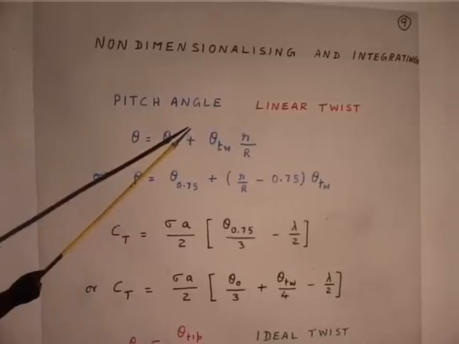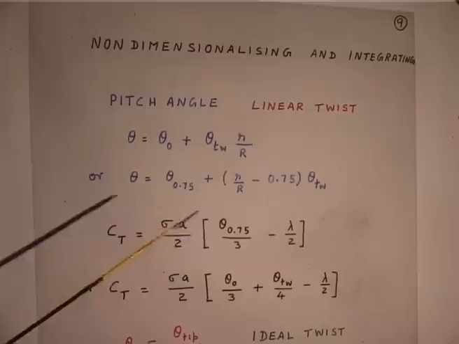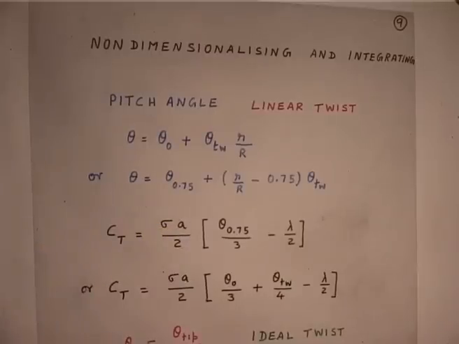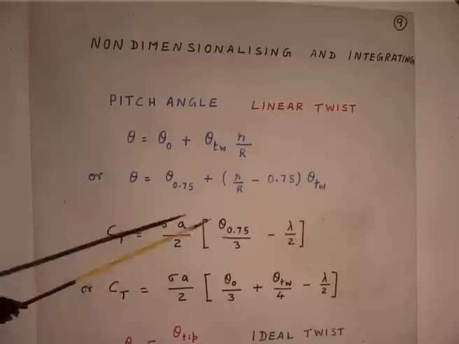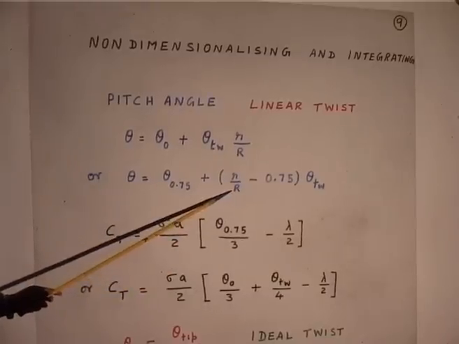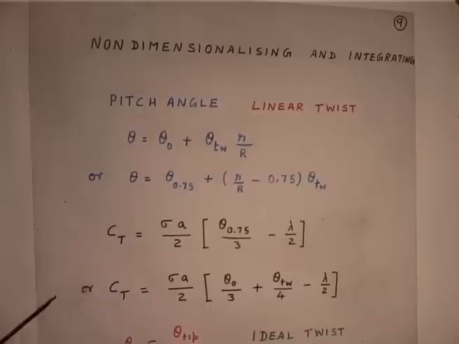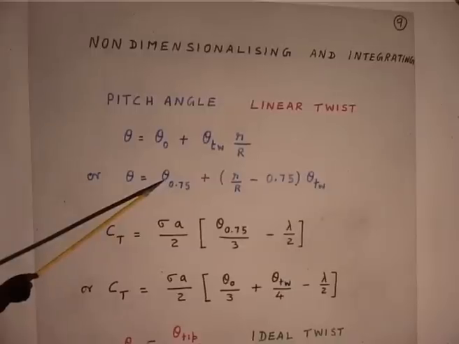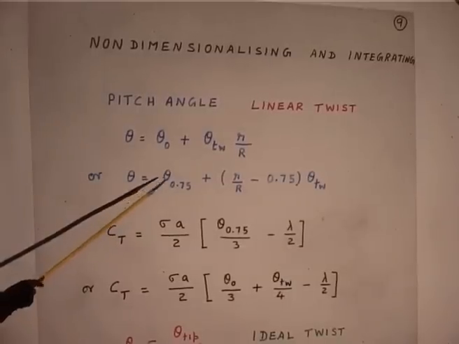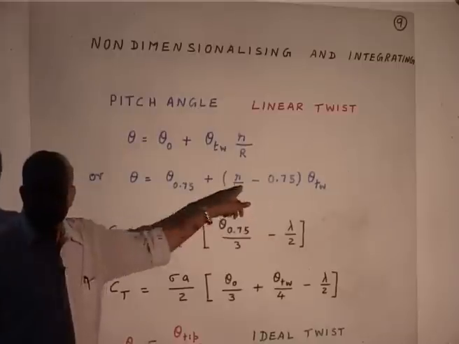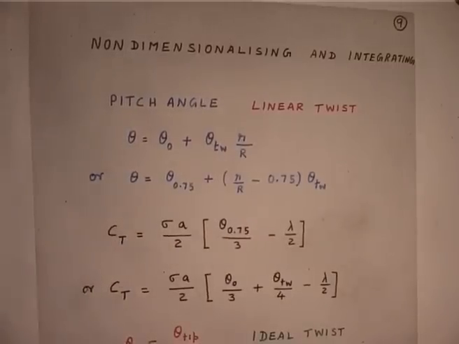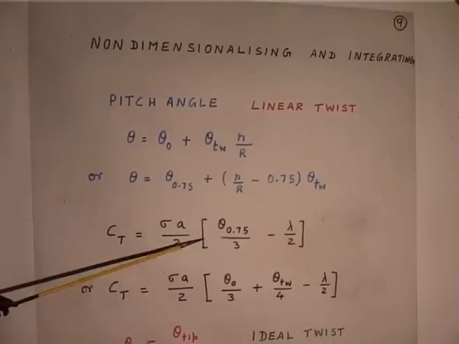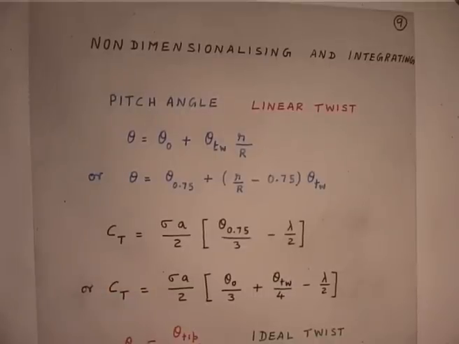This can be written in terms of the angle at 0.75 R, okay. If you take it in this form and put it in the integral, okay, and then integrate, you will get the expression like this, which is, I use lambda, it is exactly the same.